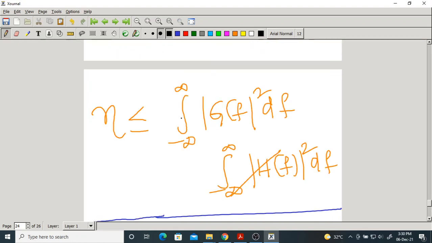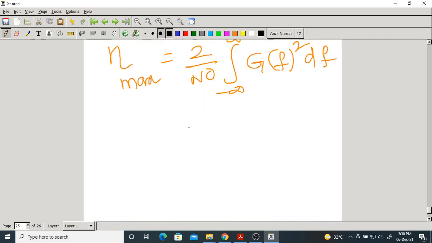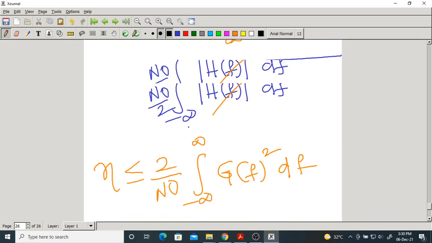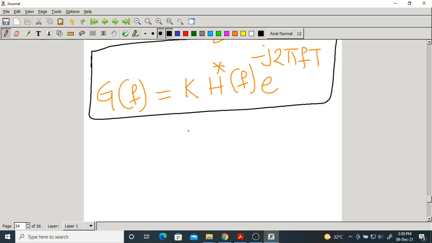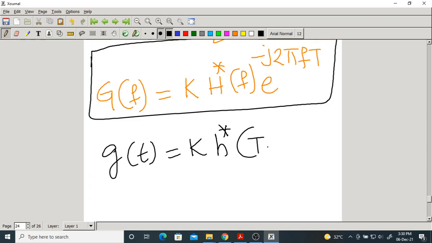Now if you go into the time domain with the inverse Fourier transform, what will happen? What is g of t? It is k into h conjugate of capital T minus t.